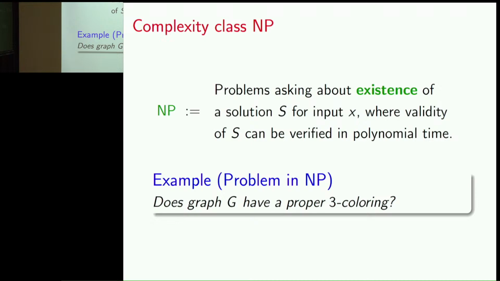For example, this is a problem in NP: given a graph G, we ask if the graph has a proper coloring. Here, the solution will be a proper coloring, and to check if a coloring is proper or not, you can simply check every edge, right? There are at most n squared edges. In particular, it's quadratic time. In particular, it's polynomial time.